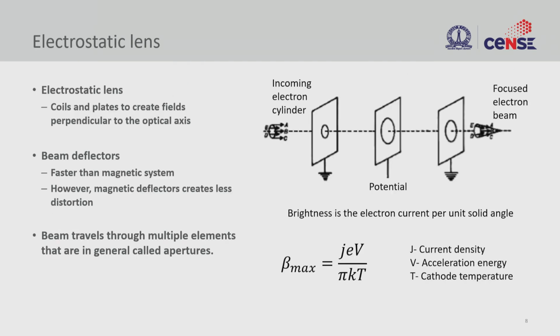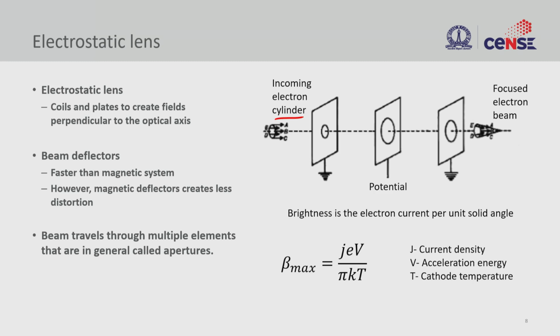coil. The next thing is the electrostatic lens. We saw magnetic; electrostatic lenses are slightly simpler to implement, primarily done using coils and plates. When you have a cylindrical electron beam coming in, it will normally go through 3 plates.